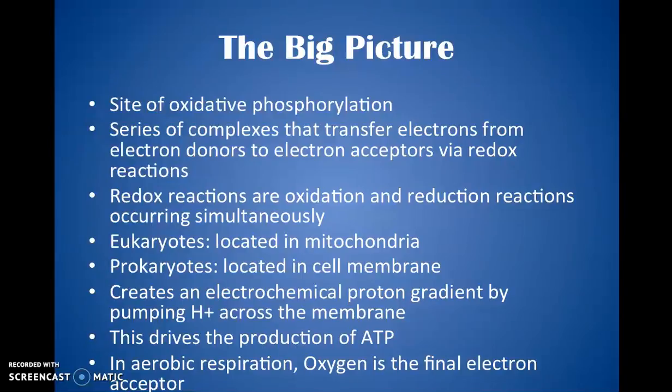And this electron transport chain is going to pump hydrogens across the cell membrane, and this is going to create an electrochemical proton gradient, which is in turn going to drive the production of ATP. And in aerobic respiration, oxygen is the final electron acceptor.